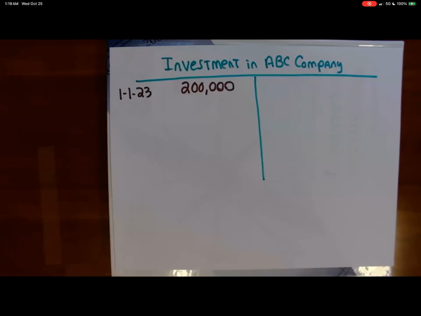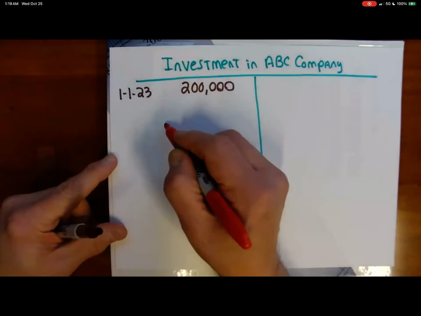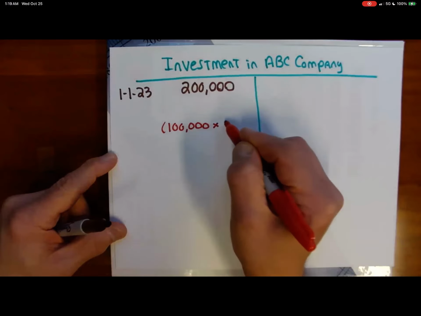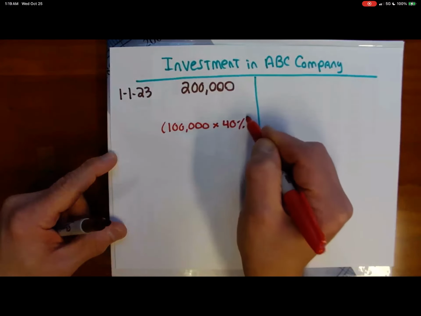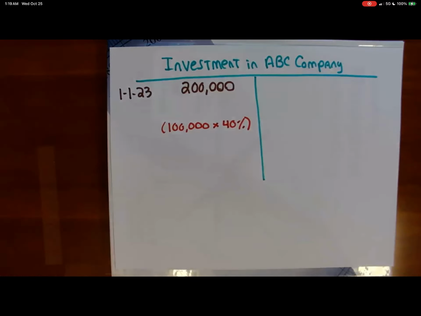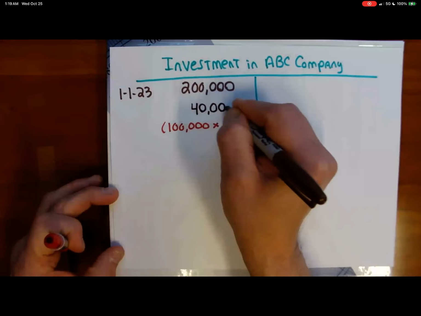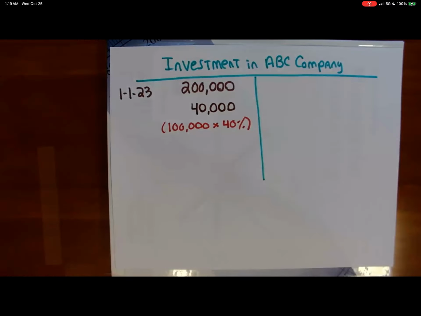We own 40% of ABC Company. Take the 100,000 times 40%. Our share of their net income, which is an increase to the investment, $40,000.